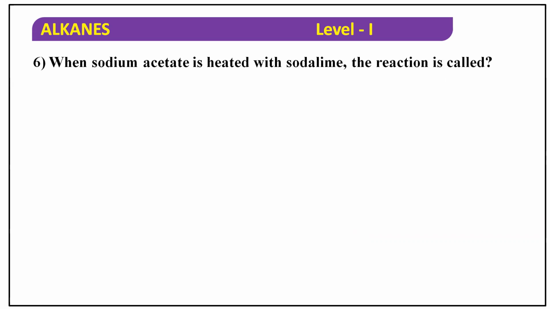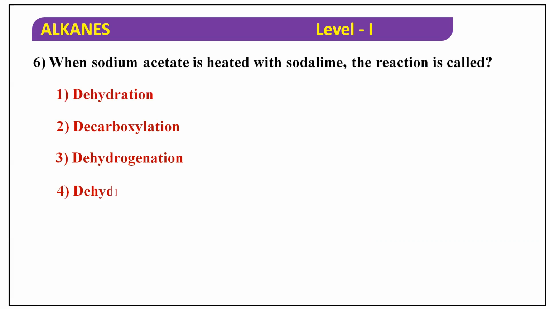When sodium acetate is heated with soda lime, the reaction is called what? Sodium acetate, we discussed this. Then what will this reaction be? What will happen to the carbon chain?